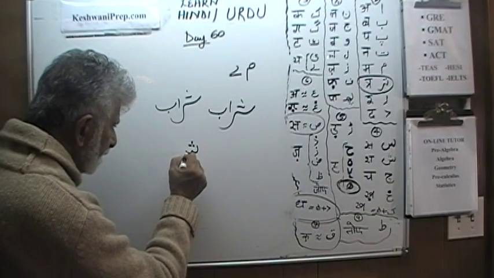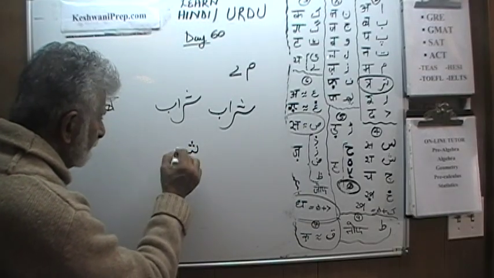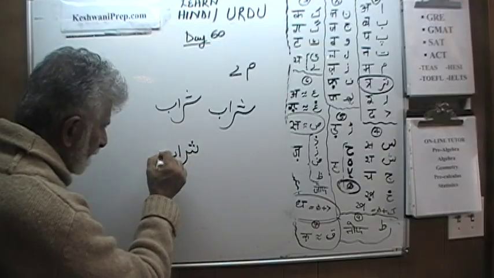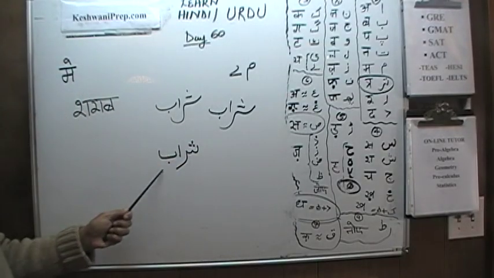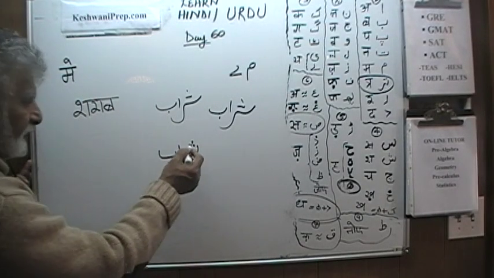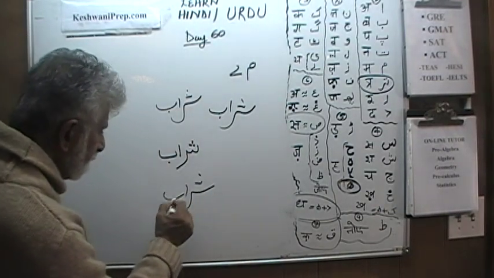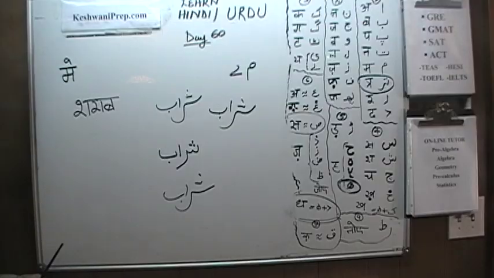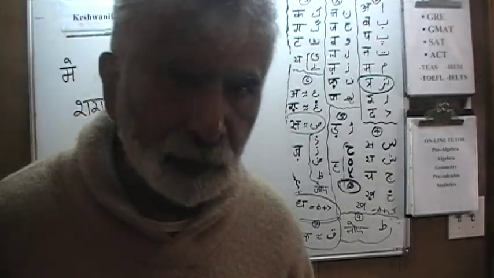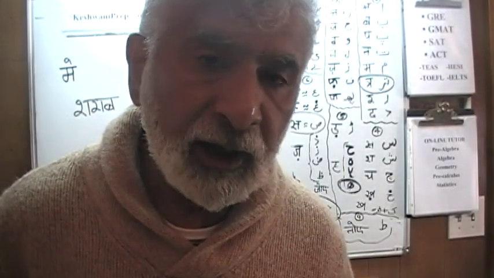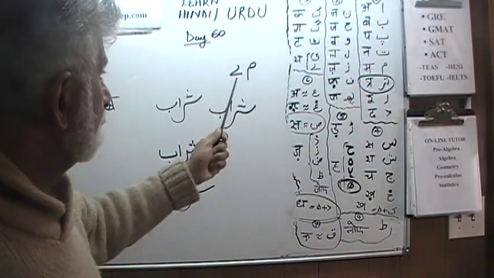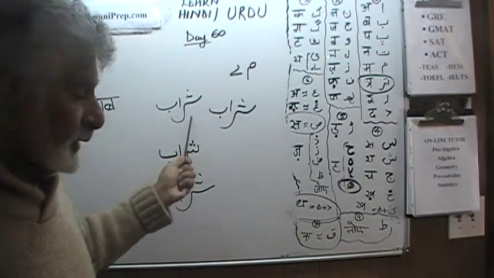Then you make a ra, and then a bo. Sharab. Liquor, alcohol, booze. Sharab is called me in Urdu. Well, it's also called sharab. They are synonyms.